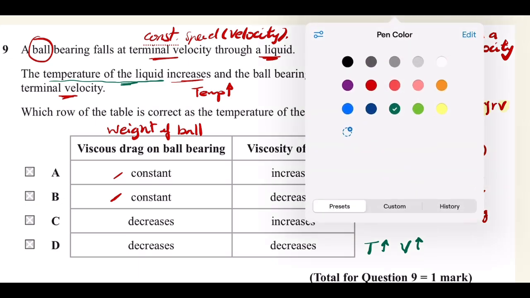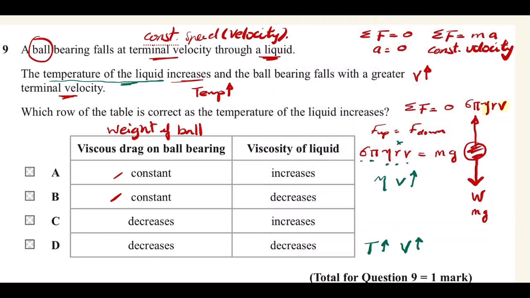So as I told you, it's inversely proportional between the velocity and eta. So the viscosity of the liquid now is going to be less to allow the increase in the value of the terminal velocity of the ball. So the viscosity decreases and the terminal velocity increases due to the increase in temperature.